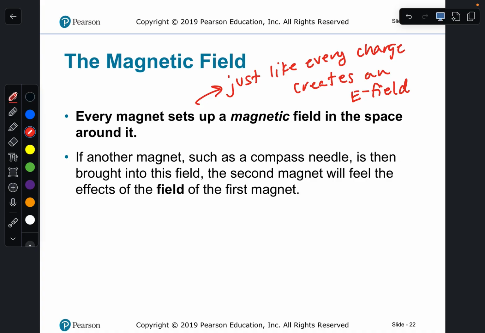Okay, so when you have an interaction between the two magnets, what you can think of is the field model, right? Where you replace one magnet with the magnetic field created. And so then this second magnet is interacting with the magnetic field created by the first. Okay, so we're going into the field model. So instead of thinking about two magnets interacting, we're thinking about a magnet plus the field created by the second magnet. Those are the interactions.